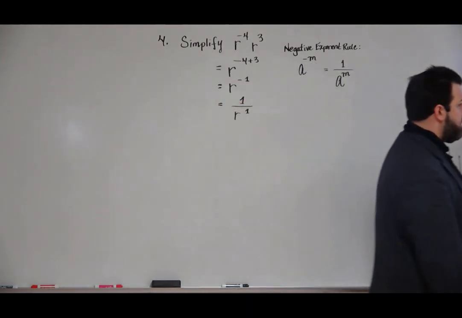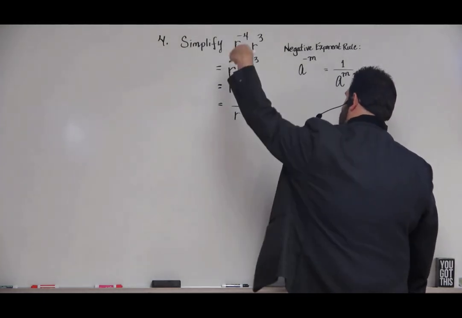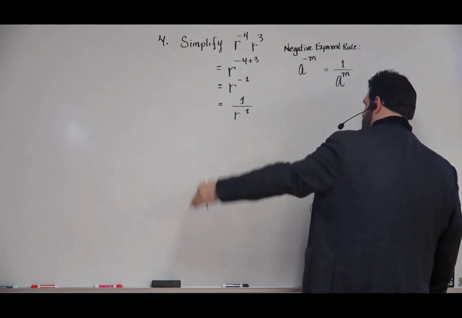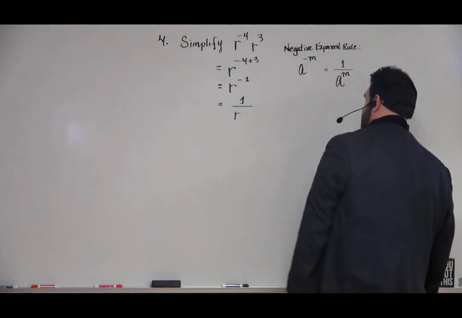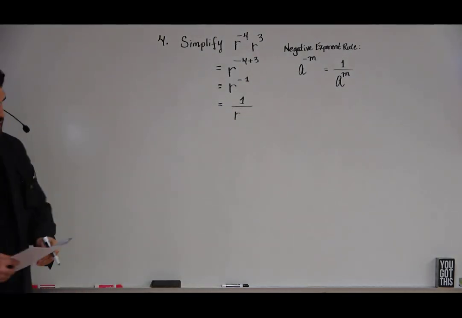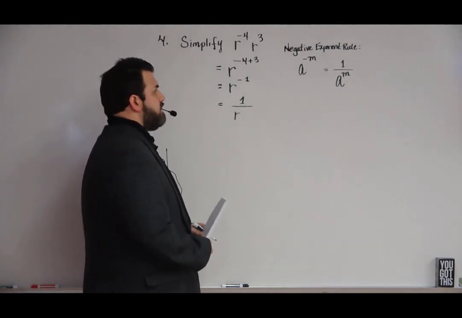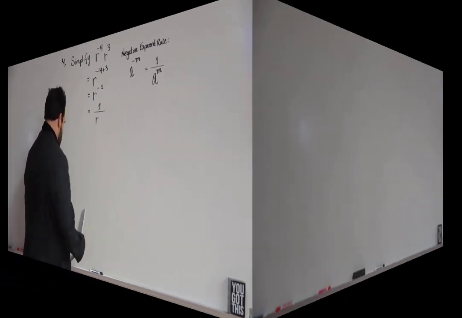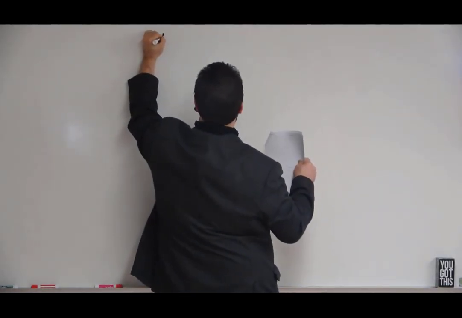Remember, we changed the exponent from a negative to a positive when we put it into the denominator. Well, we don't need to write that 1. It's just understood. So final answer, 1 over r, ladies and gentlemen, 1 over r.